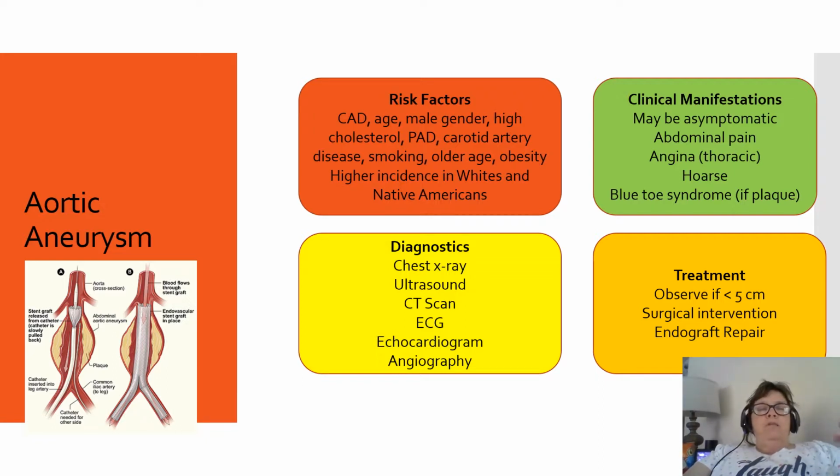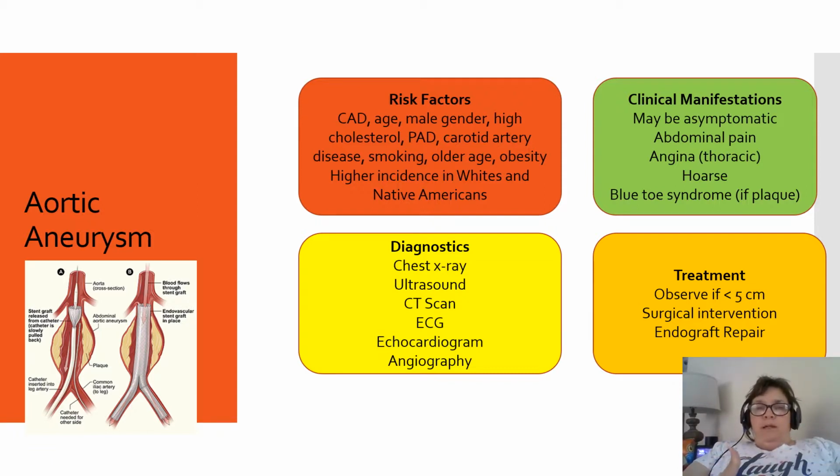And most places now, they do an endograft repair, and that may be through interventional radiology, or it may be through surgery, the operating room. If it's through the operating room, they have to cross clamp the aorta in order to put in the graft.